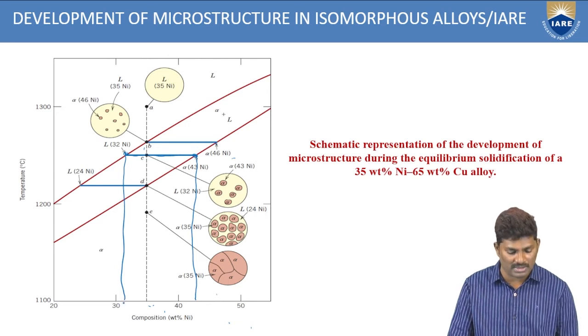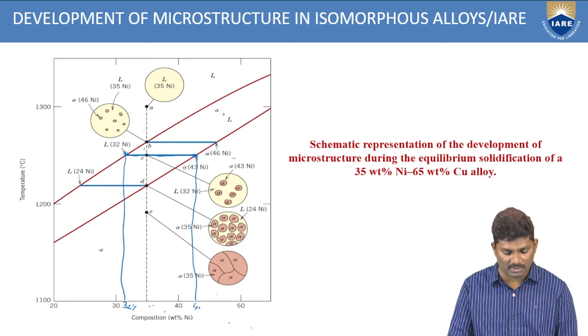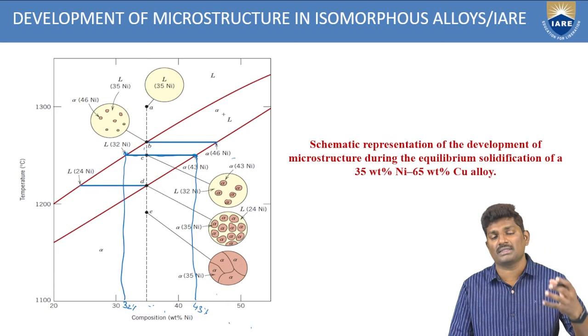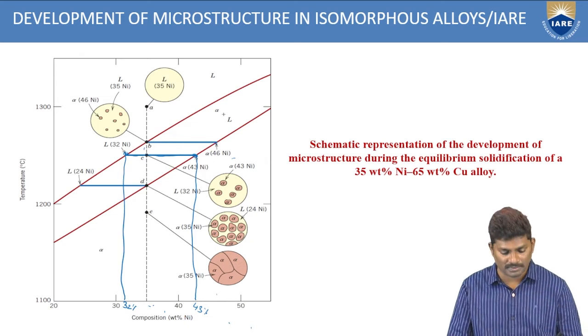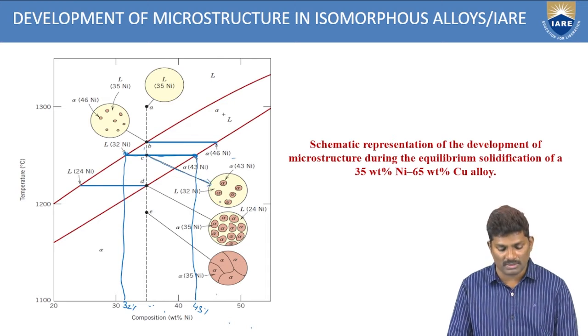If you see the percentage, somewhere 32% you are getting here, and here you are getting 43%. So there is a change in the compositions. Since there is a change in the composition, the microstructure is also changing. Now this point C is represented in this figure. This is the microstructure.